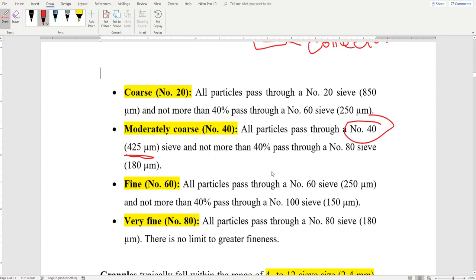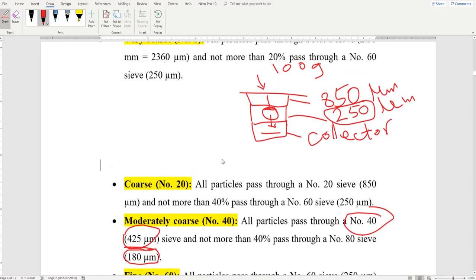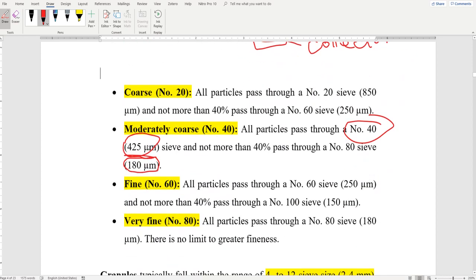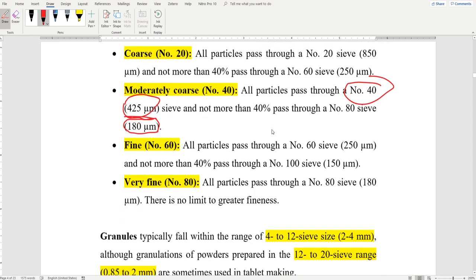What does that mean? That all the powder will have a maximum size of 425 micrometers, and not more than 40% of this powder is less than 180 micrometers. So you can apply the same thing in the figure. Most of the powder will be between 180 and 425 micrometers.